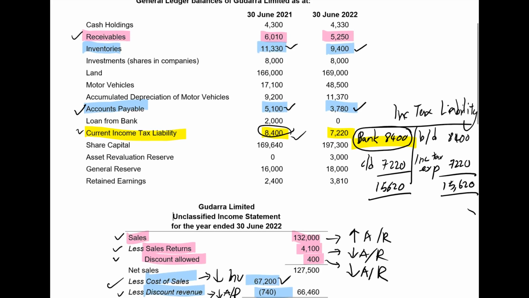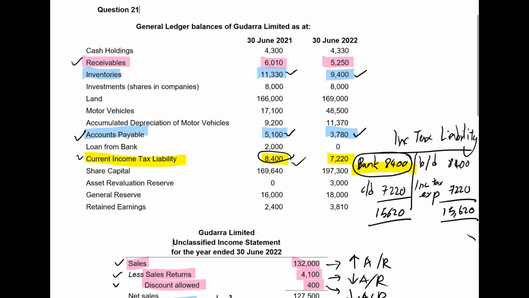Okay, but you need to look at the non-current assets part to see whether you have bought new non-current assets or not. Now cash holdings, number one, this is actually a current asset which is under cash and cash equivalent. So this is not a non-current asset, so we don't look at this first. Now investments, which is shares in companies, are non-current assets.